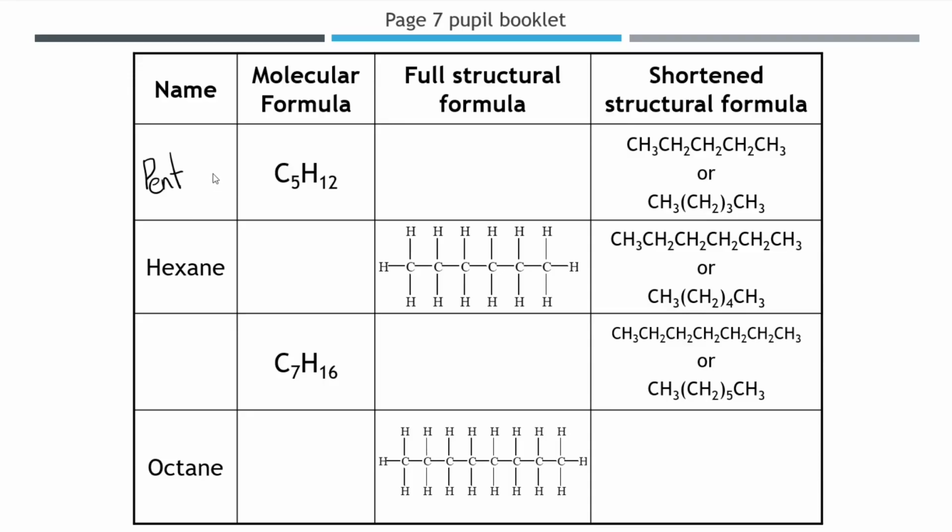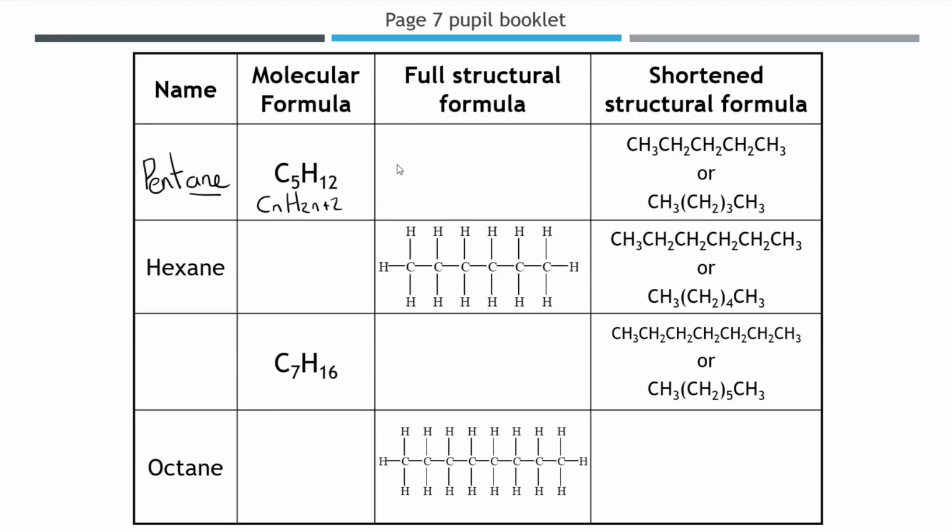Yes, they're the only one that we've learnt so far, but what we should be doing is checking the general formula against the molecular formula. Now, this molecular formula corresponds to the general formula CnH2n+2, which is our general formula for our alkane. So this has to be pentane, has to be an alkane. It's got 5 carbons, so it's pent, and it corresponds to that general formula, so it must be an alkane.